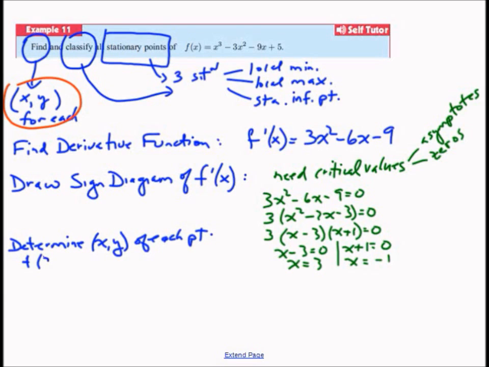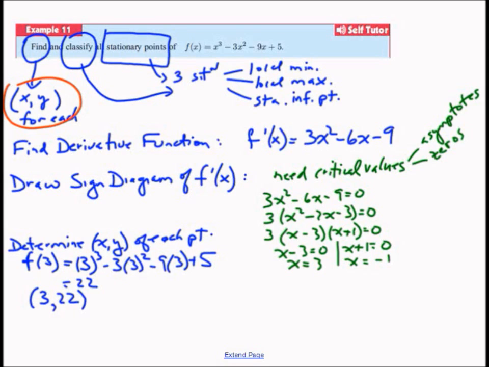So f of 3, we're looking at our original function. f of 3 is 22. Therefore, we have this point, 3, 22.